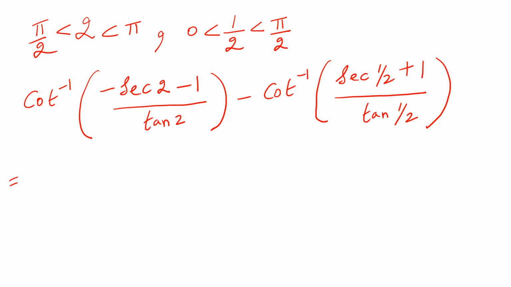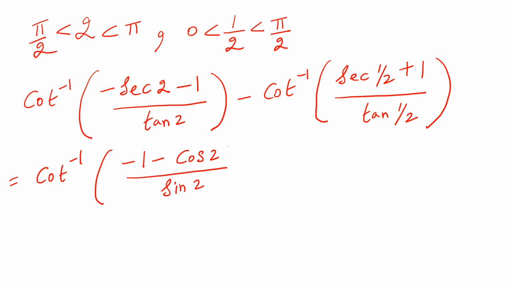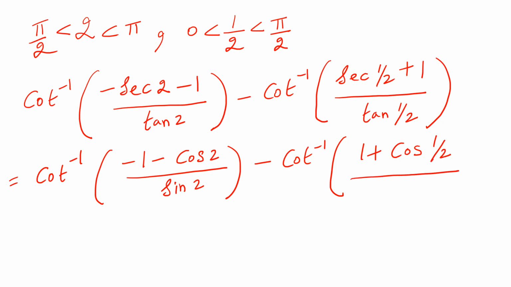So now just rewrite these expressions inside the brackets in terms of sin theta and cos theta and simplify these expressions. So after simplification, you will get cot inverse of (minus 1 minus cos 2) whole divided upon sine 2, minus cot inverse of (1 plus cos 1 upon 2) whole divided upon sine of 1 upon 2.